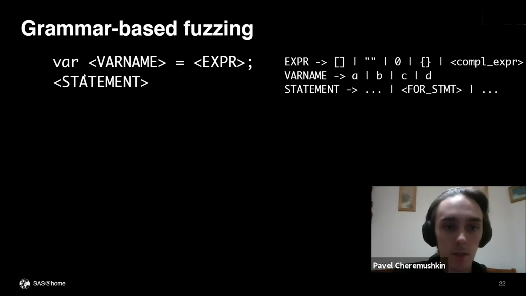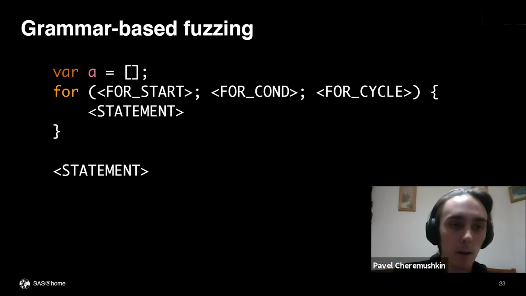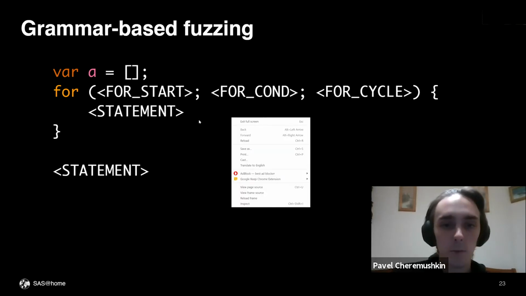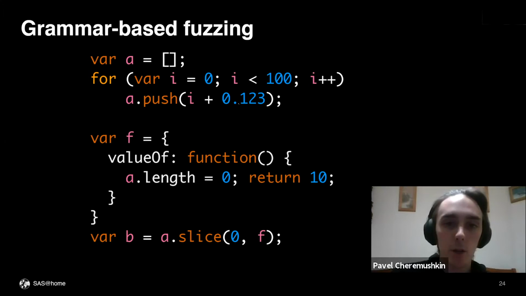So there is some next statement which could theoretically be expanded into the for statement. There are other options as well, but this time it would expand into the for statement. Okay, so now let's assume we have a variable declaration and a for statement, and the process will continue expanding these non-terminals until we potentially end up with code like this.